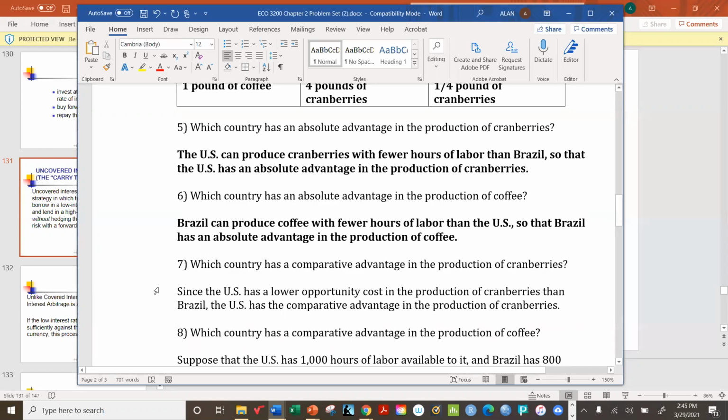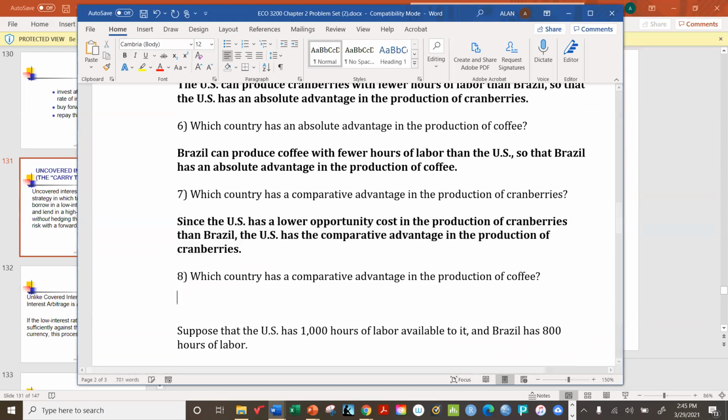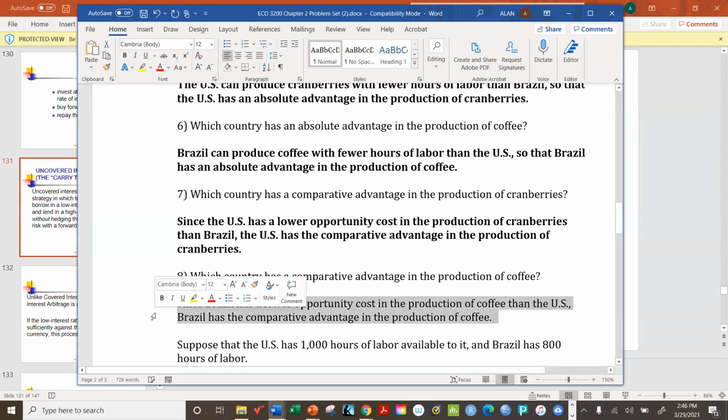Okay. Which country then has a comparative advantage in the coffee? Well, clearly this works in reverse. Since Brazil has a lower opportunity cost in the production of coffee than the US, Brazil has the comparative advantage in the production of coffee. There you go. All right, perfect.